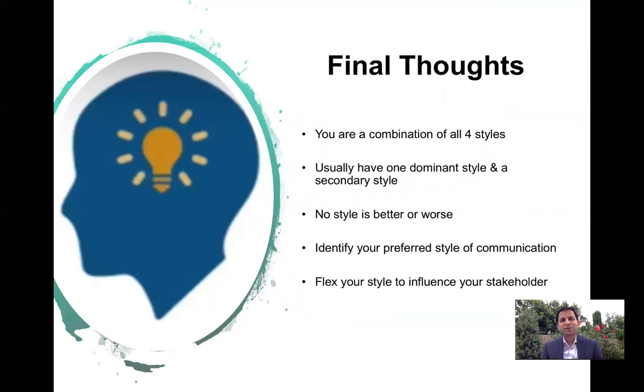So my question to all of you now is, which personality type are you? Are you predominantly red, yellow, green, or blue? And that's important to understand because you will tend to communicate from your own preference. But what needs to happen if you want to really influence people is that you need to adjust your style.